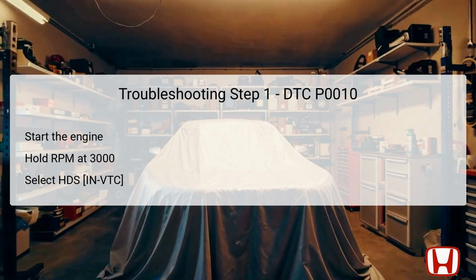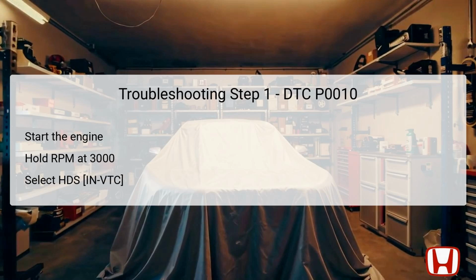Once the fan kicks in, the technician should set the Honda Diagnostic System (HDS) to the INVTC setting. This procedure enables the technician to observe real-time data concerning the variable valve timing functionality, specifically relating to the operative status of the oil control solenoid.